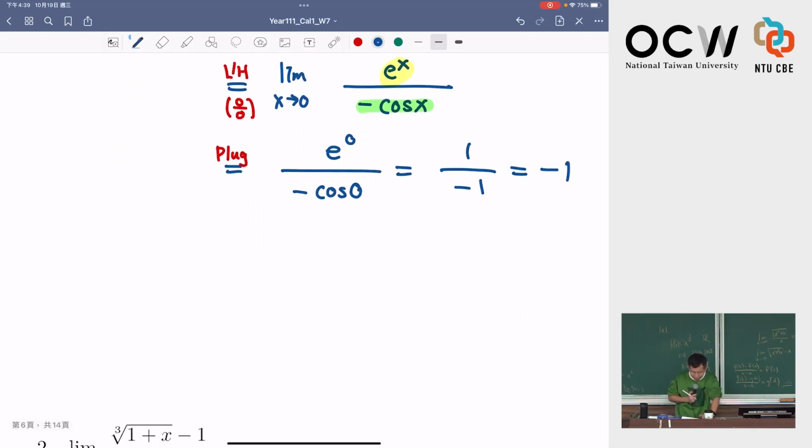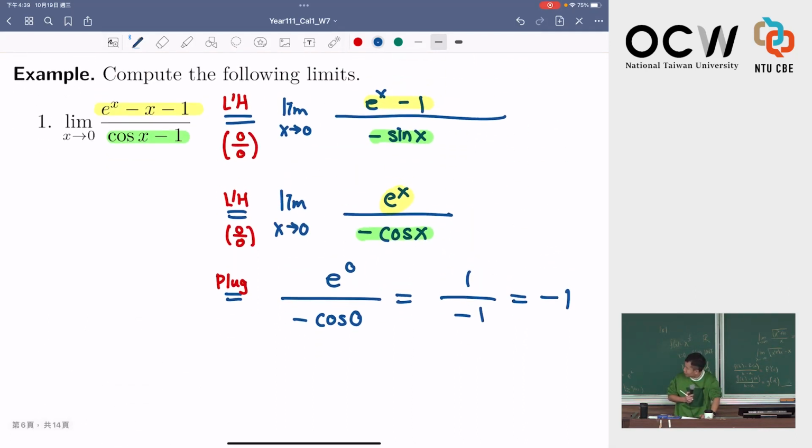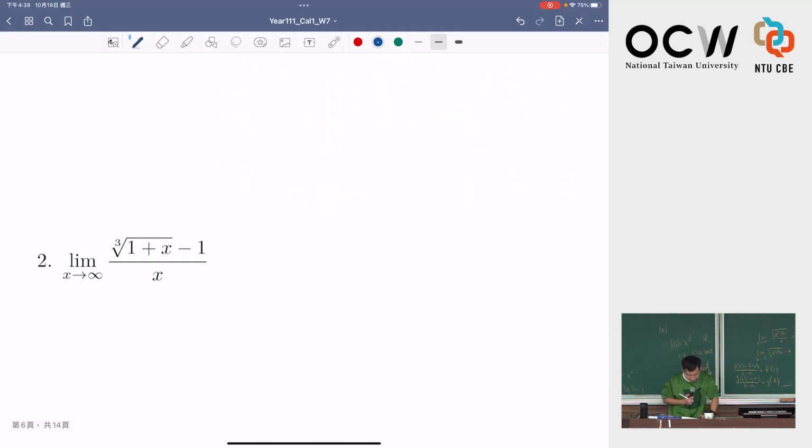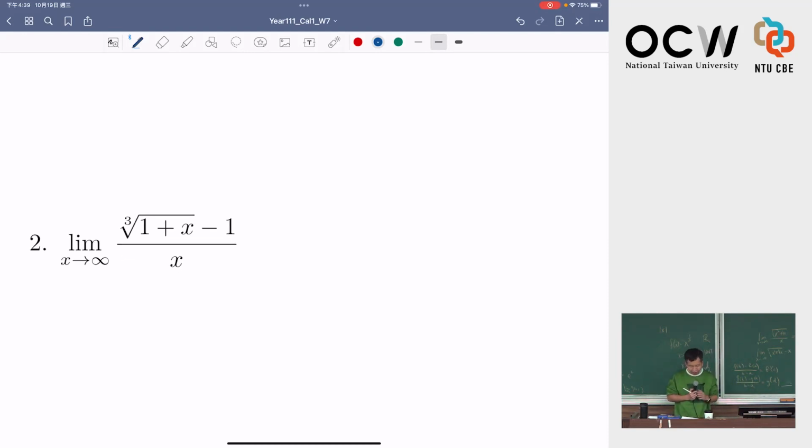Okay, let me do another example. The limit as x goes to infinity of the cube root of 1 plus x, minus 1, divided by x. In this case, you realize that this fraction is of the form infinity over infinity. So you apply L'Hopital.